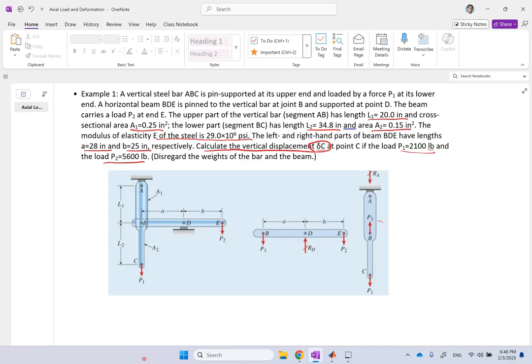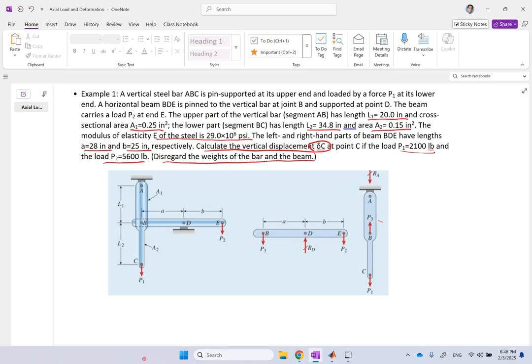So what you need to do is to break this part into free body diagrams first. So this is the free body diagram of member BDE, and here we assume that the weights of the members are negligible. Okay, so it says disregard the weights of the bar and the beam.